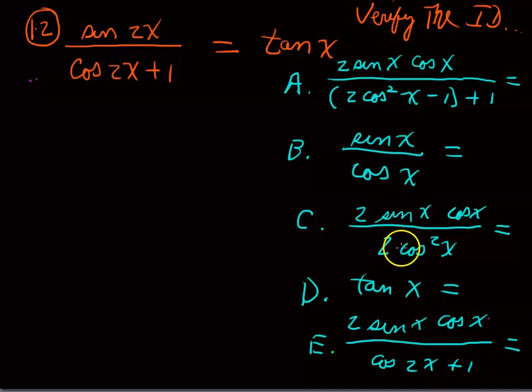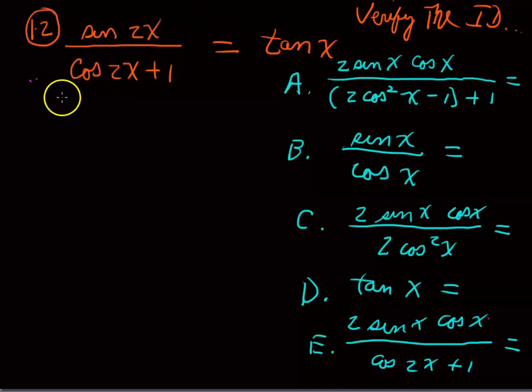This one in the middle, letter C, looks like they've added these two together, negative 1 and 1, and gotten rid of it. This one has the 2 cosine squared x minus 1, which is one of the identities for cosine 2x. And this one is just the exact same thing that's up here. So E should have been the next step here.